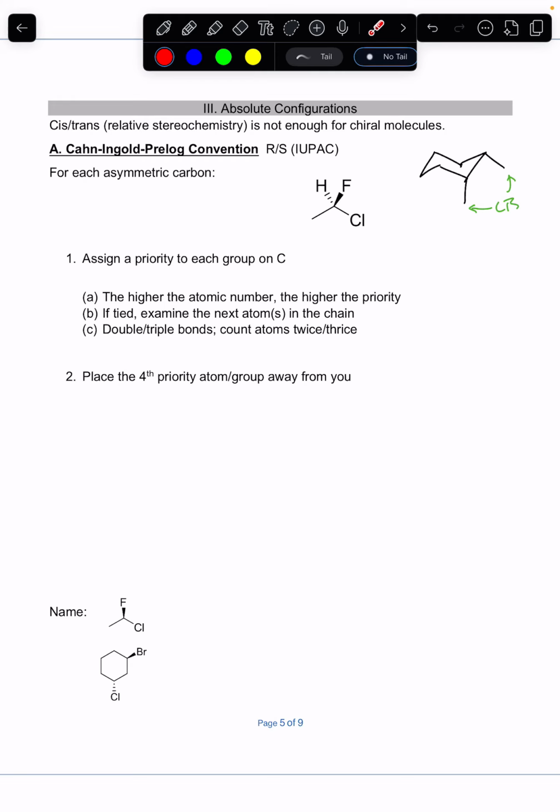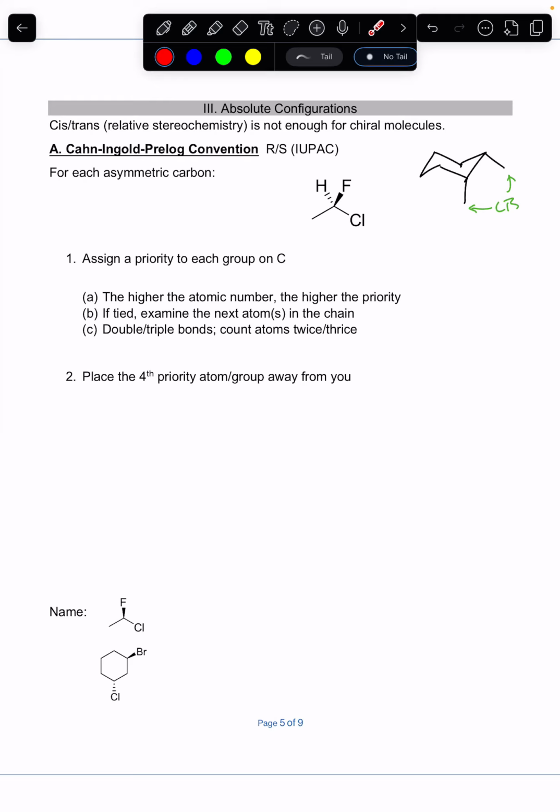If this methyl group was instead pointing this way, equatorial, then these two methyl groups would be trans because they would be on opposite sides of the cyclohexane.